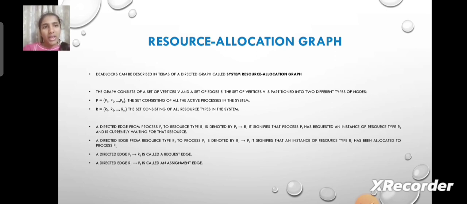The directed edge from resource type Rj to process Pi is denoted by Rj to Pi. It signifies that an instance of resource type Rj has been allocated to the process Pi. The directed edge Pi to Rj is called a request edge. The directed edge Rj to Pi is called an assignment edge.